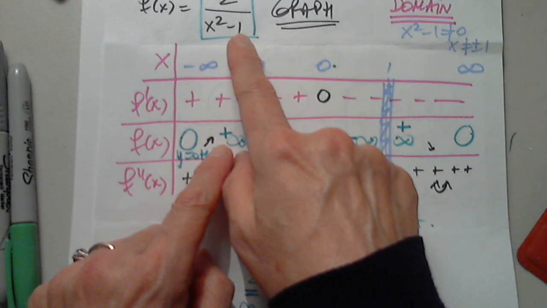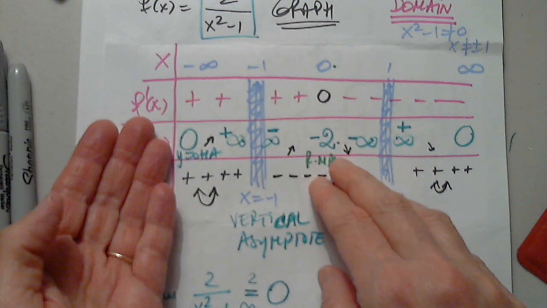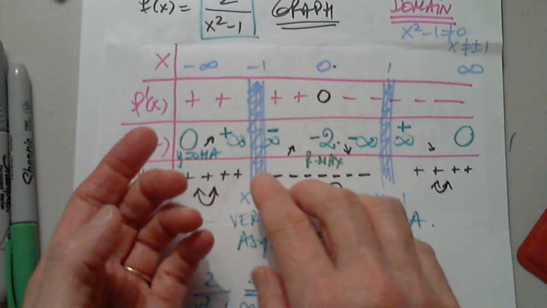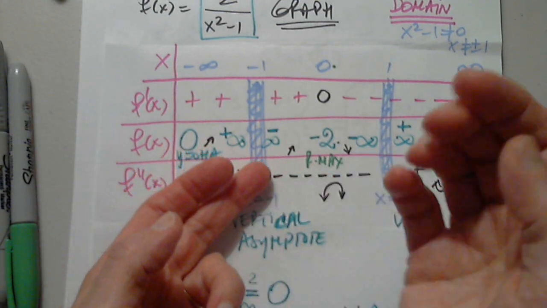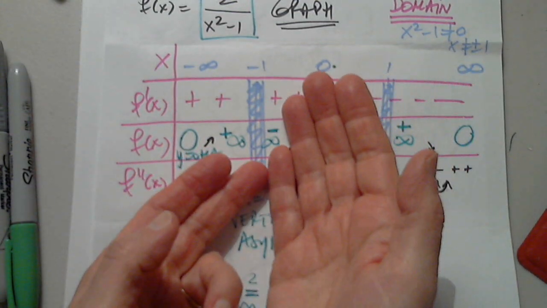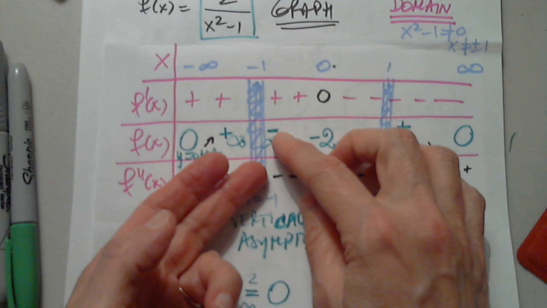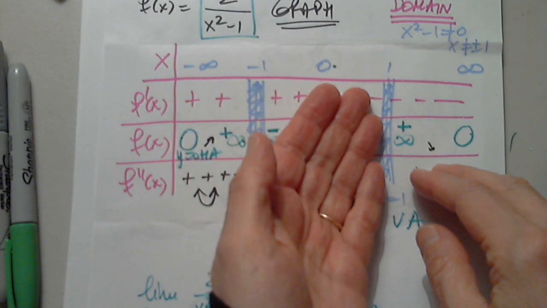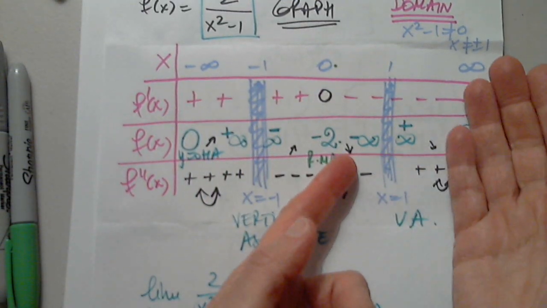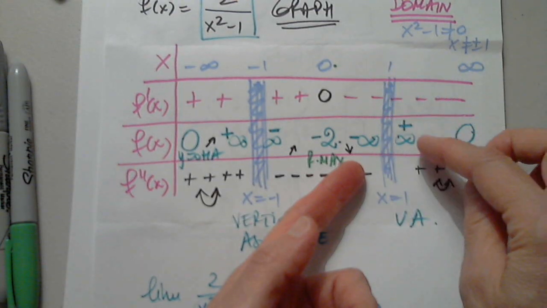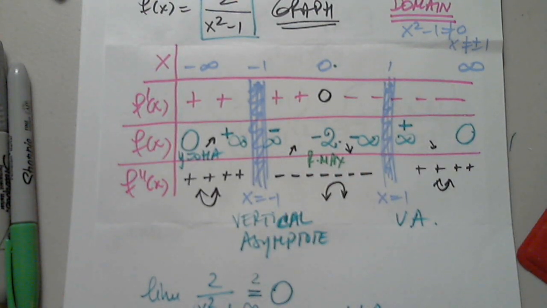I put the function in the graphing calculator, and I plugged in negative 1.1, and I got a positive number. I plugged in negative 0.9, and I got a negative number. I plugged in 0.9, and I got a negative number, and I plugged in 1.1, and I got a positive number. There is an easier way, but the calculator works.